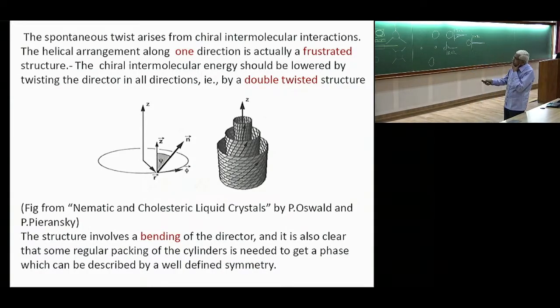In fact, many of these figures I am taking from a very good book for those of you who want to read more, because there are several books. One was written by Chandrasekhar, who was our mentor in the Raman Research Institute long ago. It has seen a second edition, and it emphasizes molecular properties. De Gennes wrote a book on the physics of liquid crystals. It was revised by Jacques Prost. That's again very good.